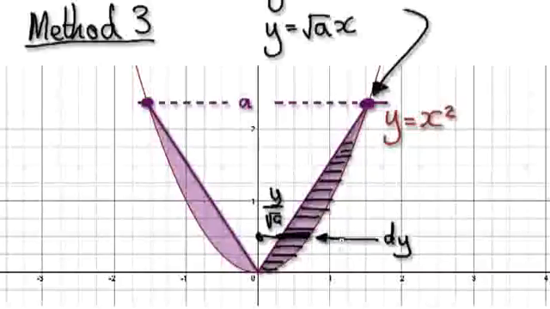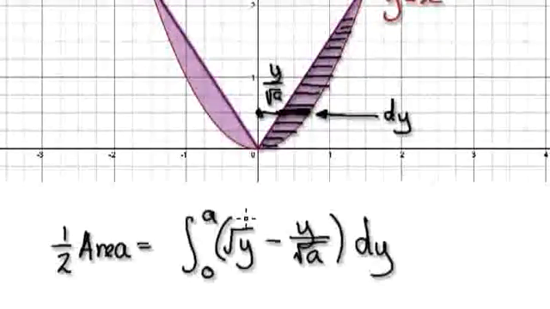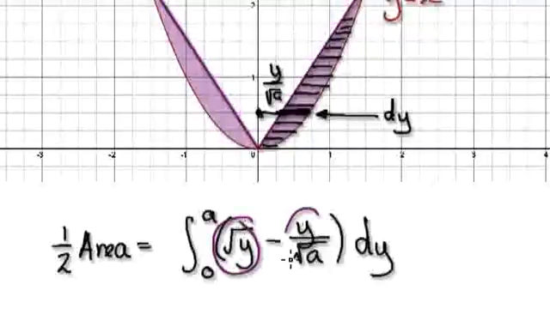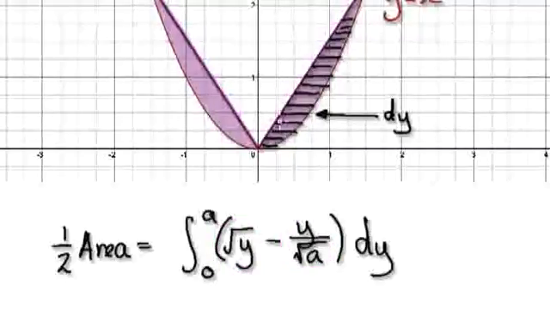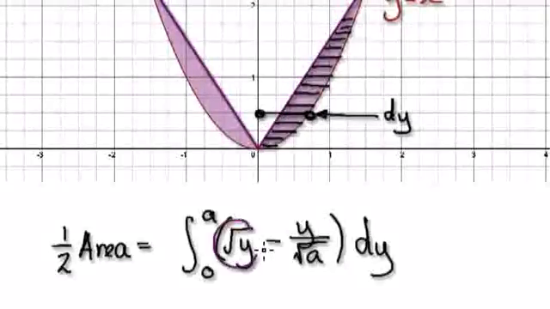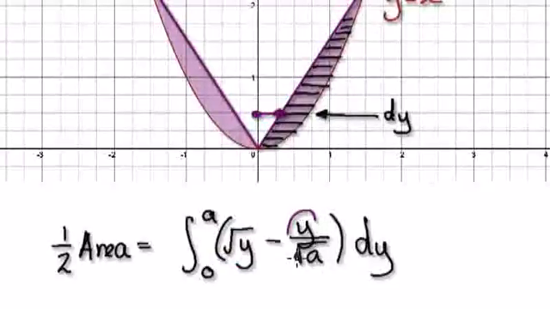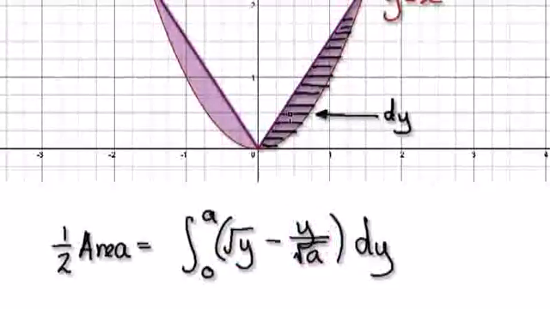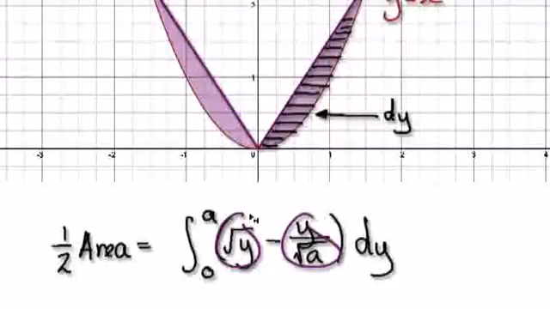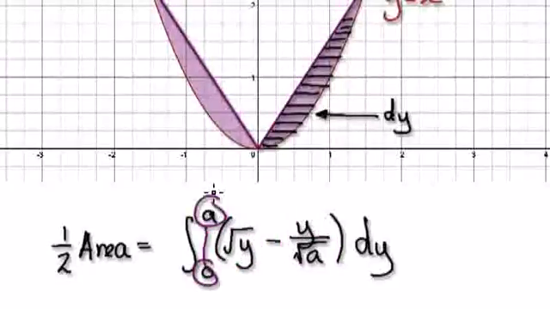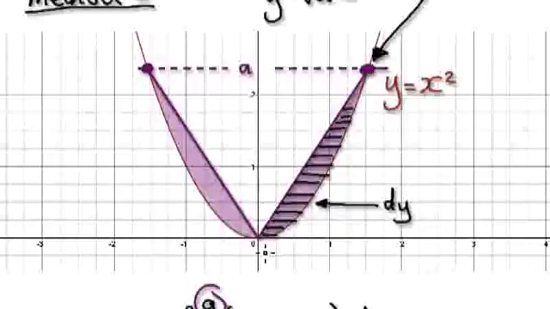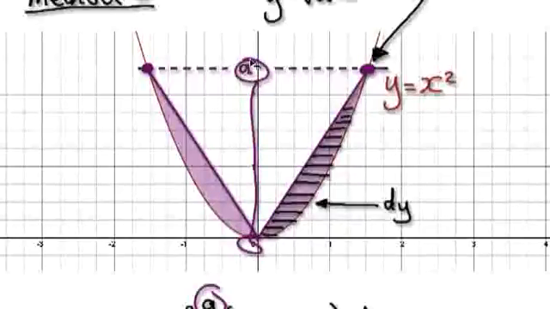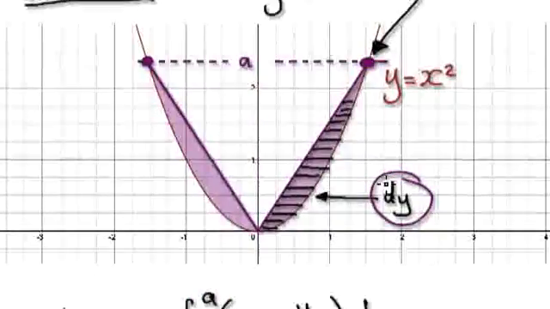So if you want to know what's in between, it would be root y take away y over root A. The length from here to here is root y, the length from here to here is y over root A. So what's in between would be this take away this, and then you're integrating it from 0 all the way to A, this time by dy.